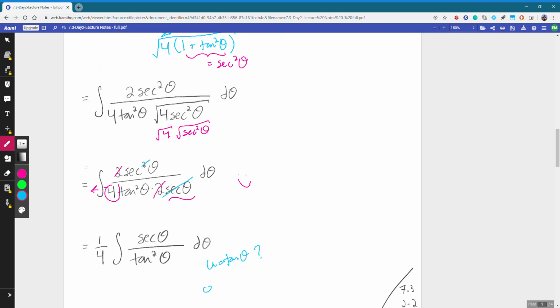But I think the issue we're going to run into there is the derivative, secant squared of theta, is not going to quite gobble things up. We only have one secant up here. And so this doesn't seem to be helpful. Any other ideas as to how we can make progress in computing this integral?